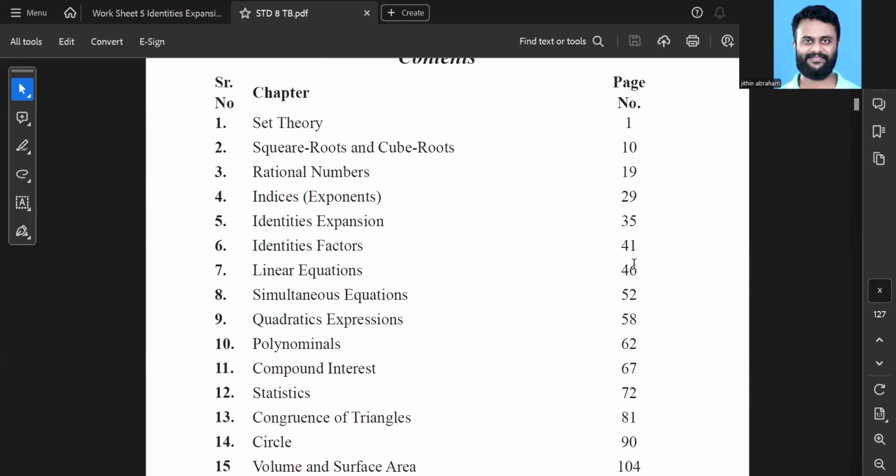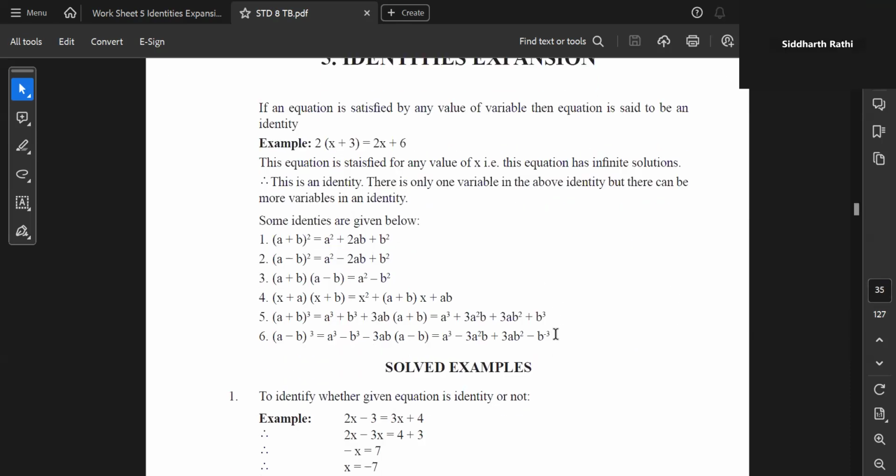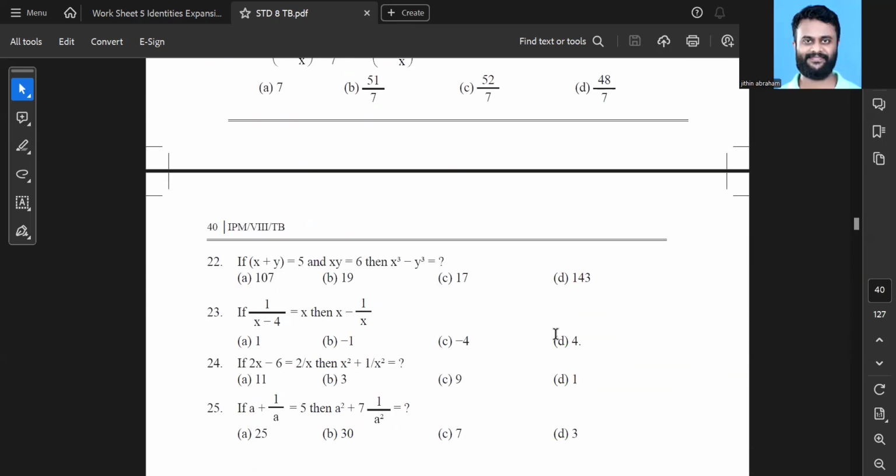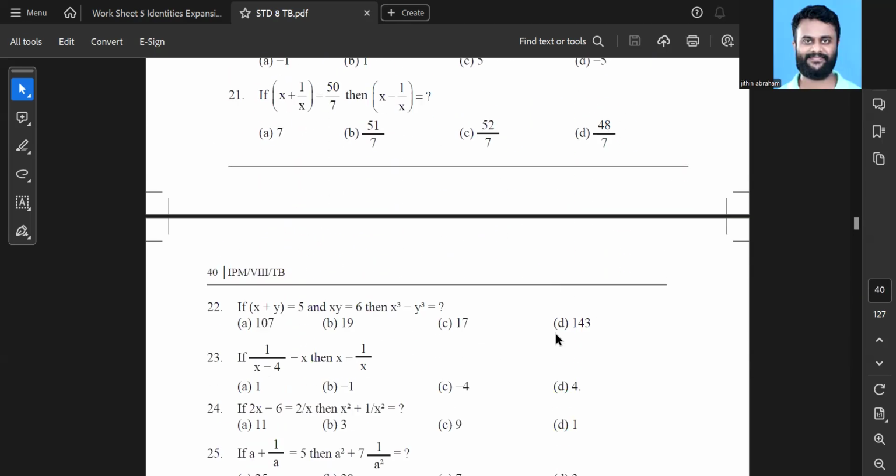Okay, okay, we did expansion. So you taught us expansion, you didn't teach us factor. They are two different chapters. That's what I meant to say. I sense your point.